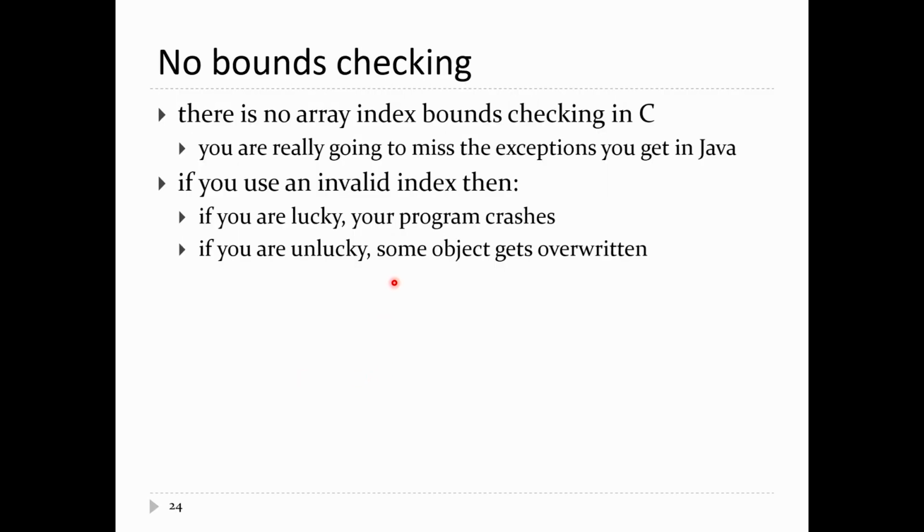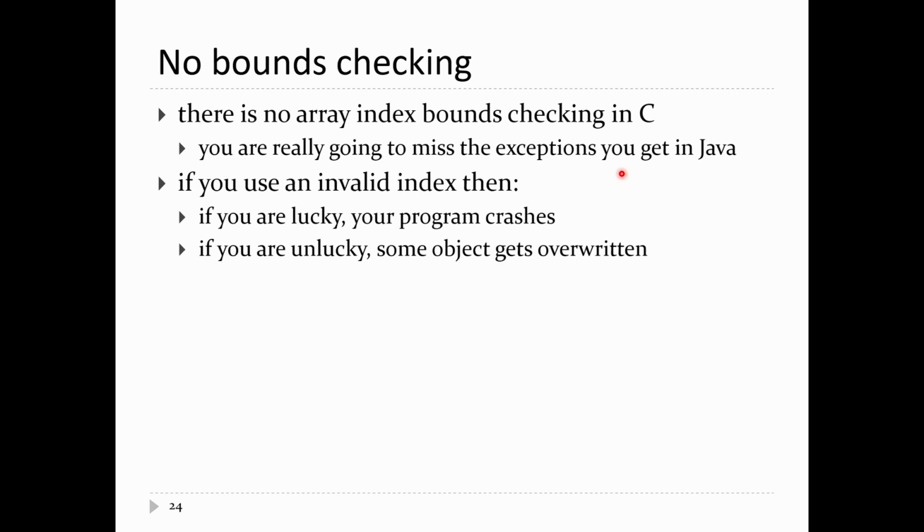Now, the really unfortunate thing about arrays in C is that there's no bounds checking. You're really going to miss the exceptions that you get in Java. If you write p minus 1 with a Java array, you immediately get an index out of bounds exception.